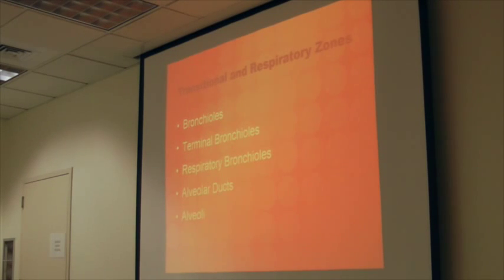You had this slide in the spring. I remember telling you the last 3 bullets. Put a bracket around them: the respiratory bronchioles, the alveolar ducts, the alveoli. All of this makes up the acinus, A-C-I-N-U-S. The acinus is another word for the respiratory zone.